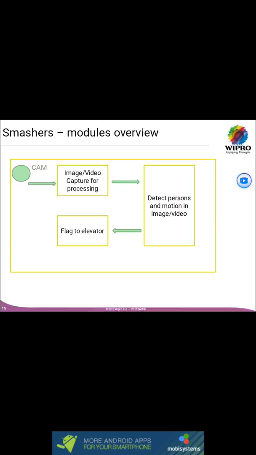So the webcam will be capturing the images, and video processing is also done, and it will check whether there is someone waiting for the lift, and the flag will be set accordingly.